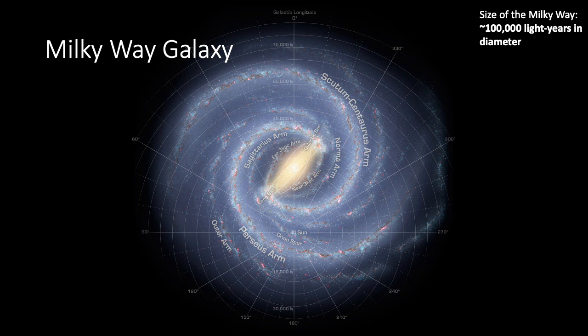So for example, there is the Scutum-Centaurus arm, the Norma arm right in here. This one is a really large arm that goes all the way out here. The Norma arm seems to do this right in here. We have an outer arm. The Perseus arm is also a very large arm within our Milky Way galaxy.